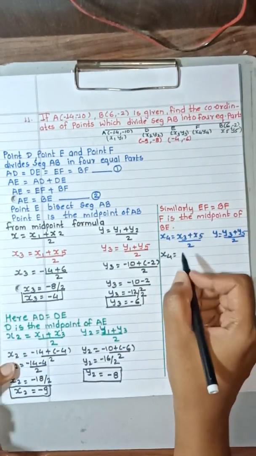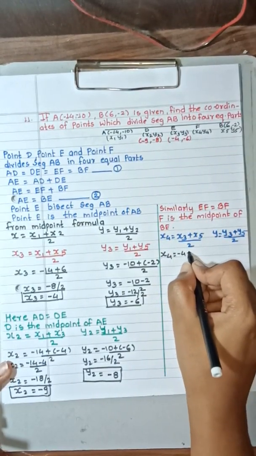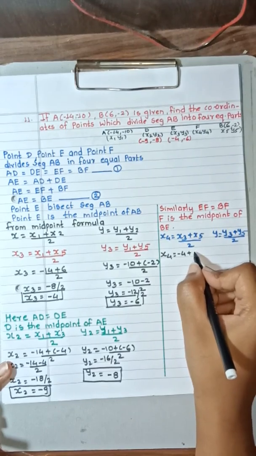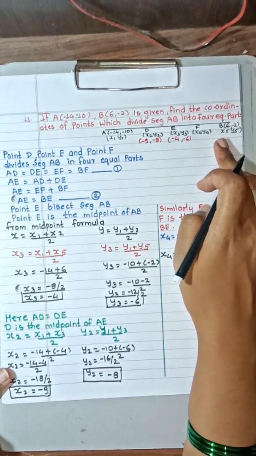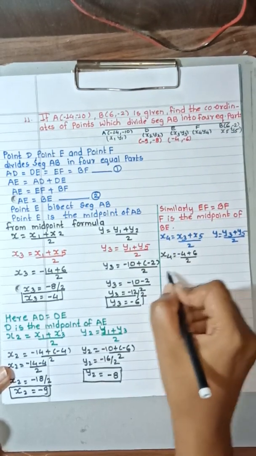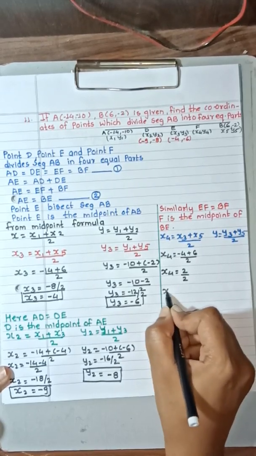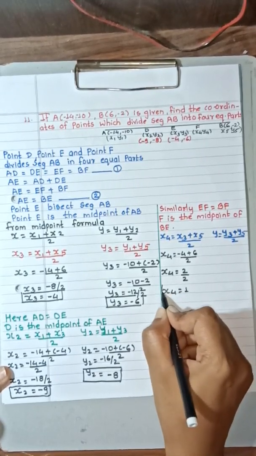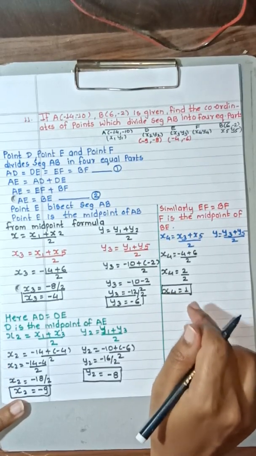You can see here x3 is minus 4 plus x5. So what is x5? That is 6 plus 6 upon 2. Therefore x4 is equal to 2 upon 2 and x4 will be equal to 1.